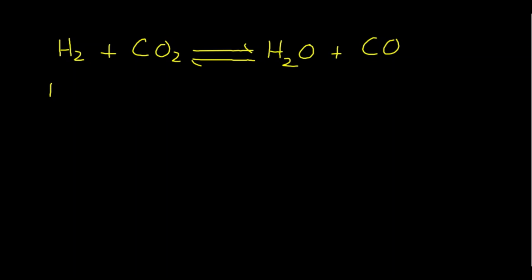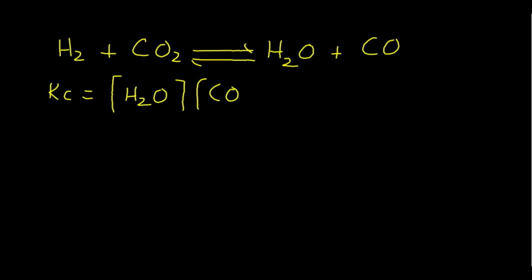So in order to write the unit of equilibrium constant, first of all we will write the equilibrium constant expression for this reaction, that is the value of Kc. So Kc is equal to, right students, product of this reaction changes to numerator. We write the products, that is H2O and carbon monoxide.